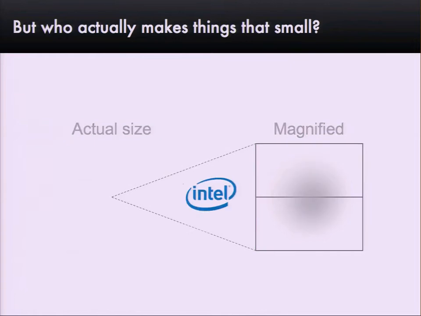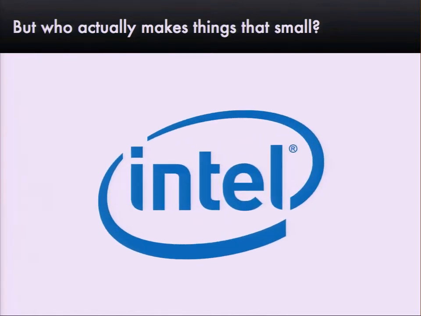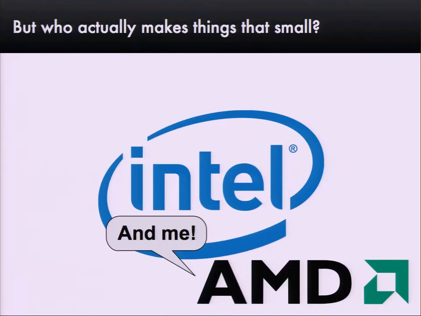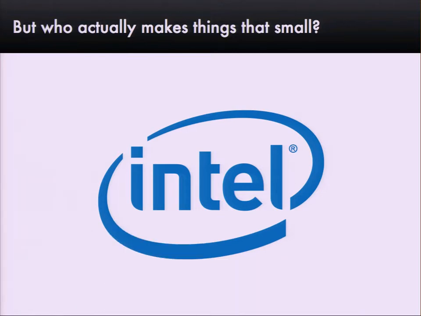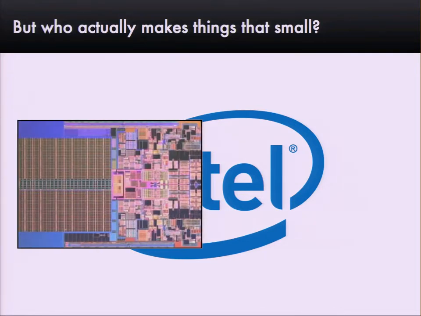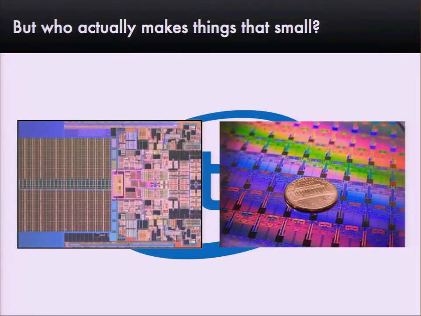Why should we care? Well, there's a company that most of you have heard of that works on these things, as well, of course, as AMD, who hates being left out. Intel is basically running this experiment, trying to pack more and more onto their individual cores. This is just a 2007 core, and you can see how much they packed into an area less than the size of a penny.